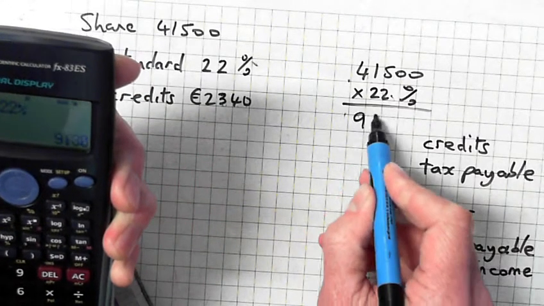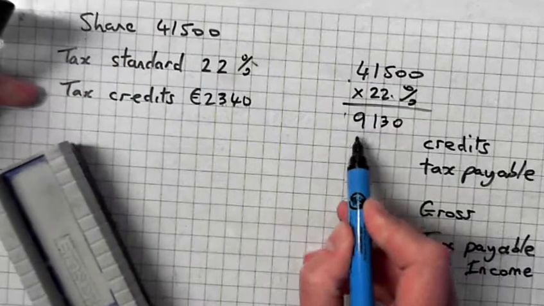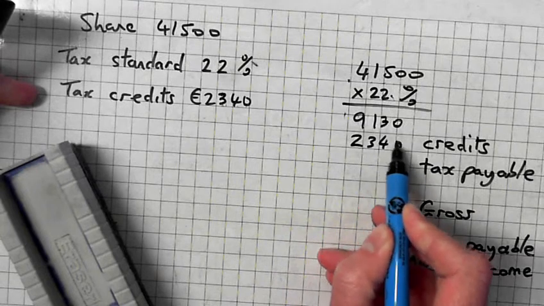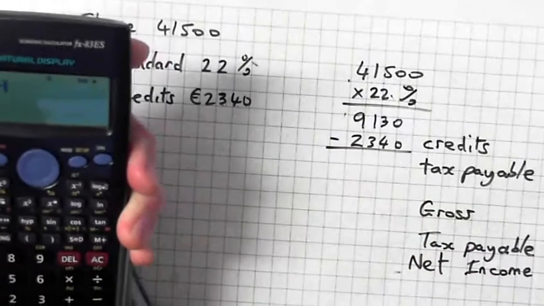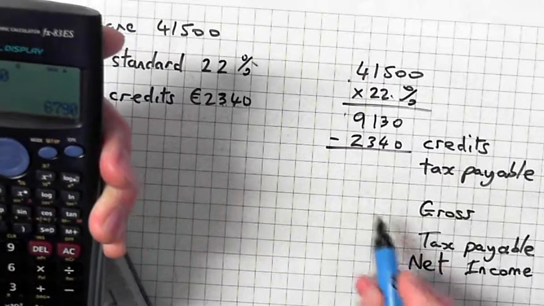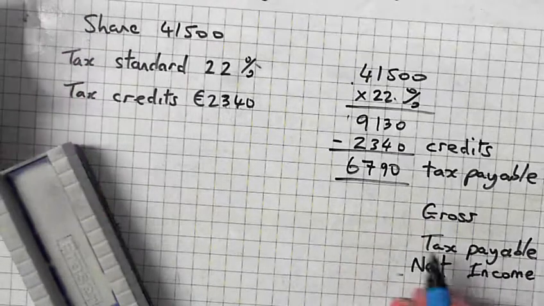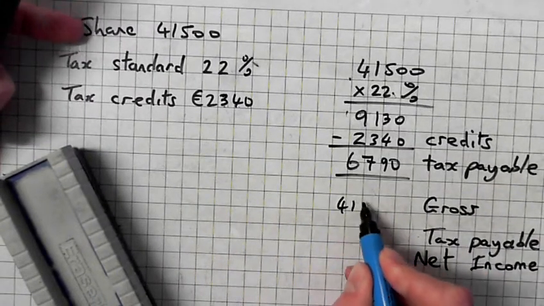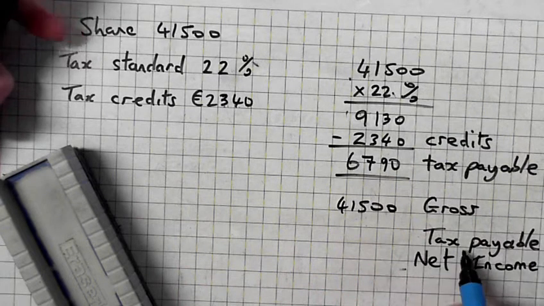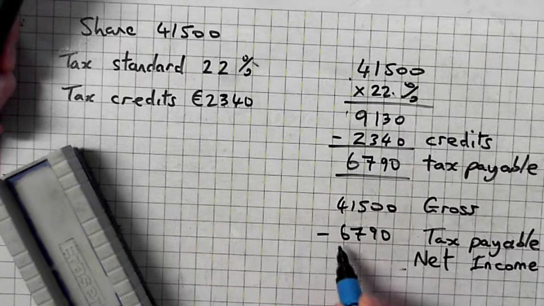So 9,130 tax. But the tax credits are 2,340. Subtract those. Tax payable 6,790. His gross pay is 41,500 minus tax payable, which is 6,790.